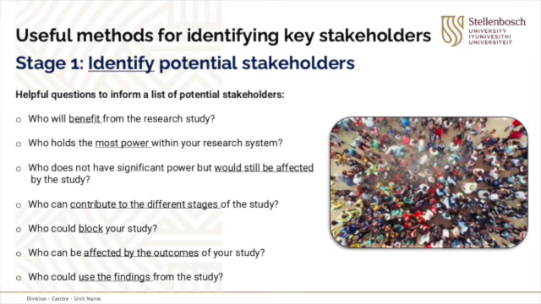Who could block your study? And who can be affected by its outcomes? And who can use its outcomes? So in identifying potential stakeholders, this is a very useful list of questions to be thinking about as the first stage of your stakeholder mapping process.